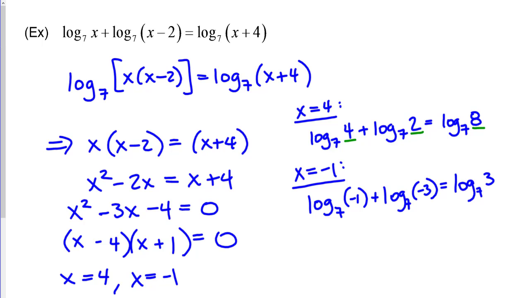Now, it's perfectly okay on this hand because the 3 is positive. But the issue is right here and also right here. I have negative values in the arguments of my logarithms. And because of that, x equals negative 1 is not an actual solution to the problem. It's called an extraneous solution.